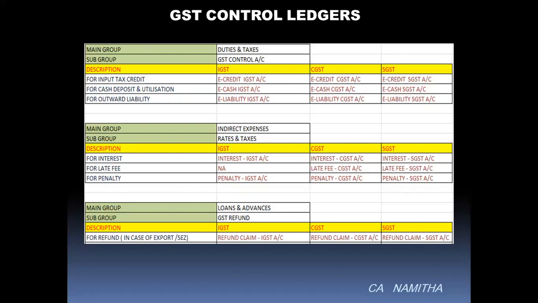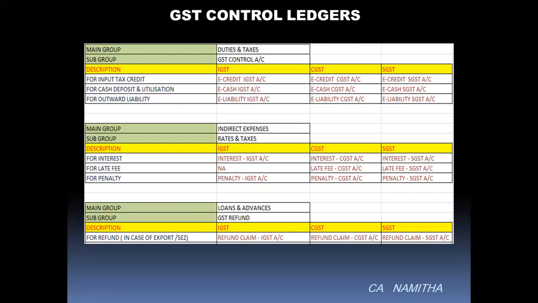For cash deposit and utilization, e-cash IGST account, e-cash CGST account and e-cash SGST account need to be maintained. For outward liability, e-liability IGST account, e-liability CGST account and e-liability SGST account need to be maintained.